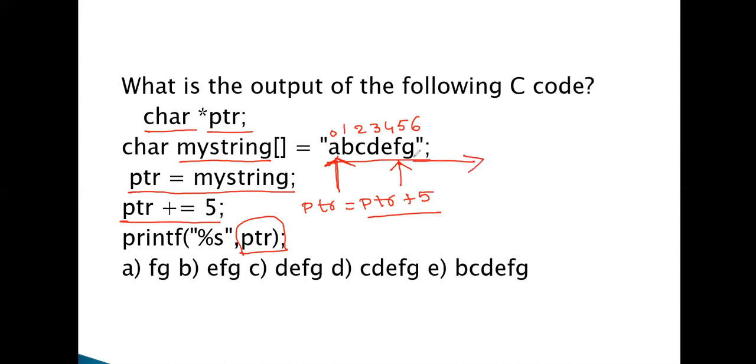What is the end of the string? Simply G. So FG, you got it? For example, if you have ptr + 3, what is the answer? 3 is this one, so the answer is DEFG. Got the meaning? Whenever ptr points to a particular position, the answer is from that position to the end of the string. Okay, and move to the next one.